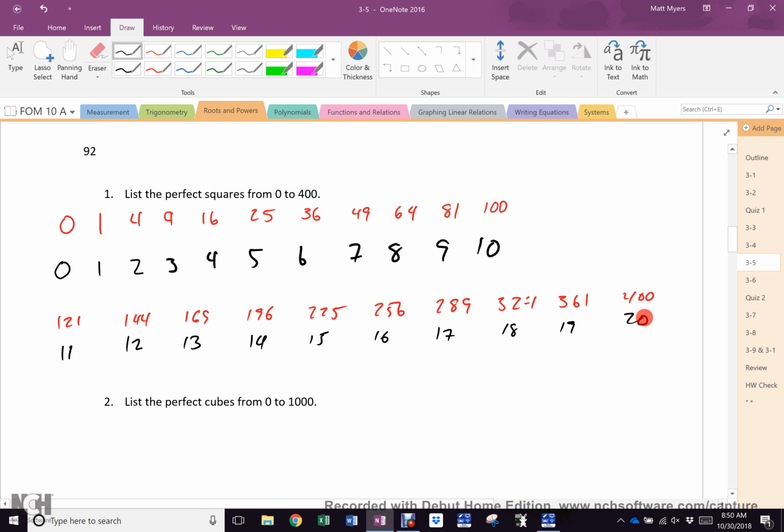Knowing these is super important to making your math life easier.